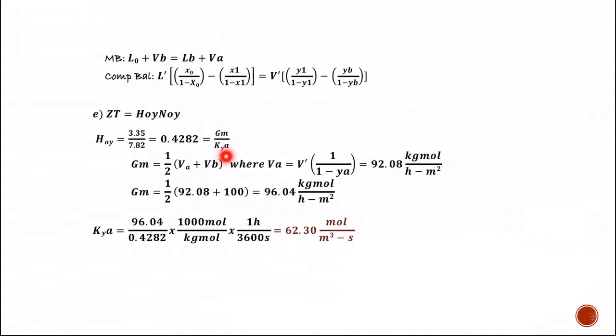We need to equate the HOY value to another formula, which is GM, the molar flow rate of gas, over KYA, which is our primary unknown.